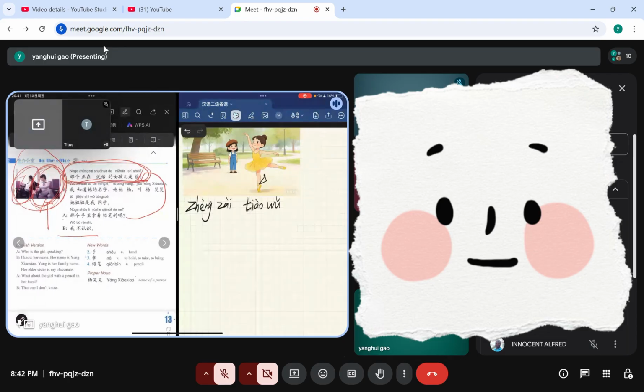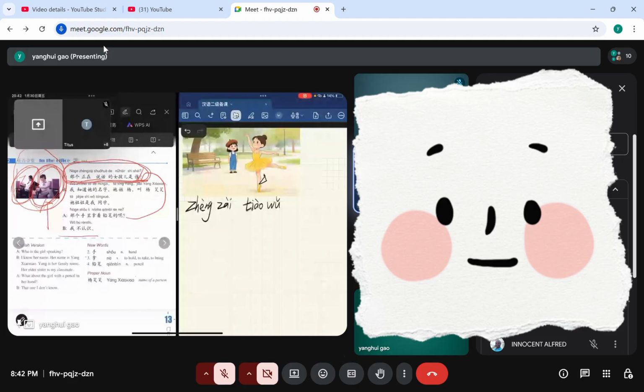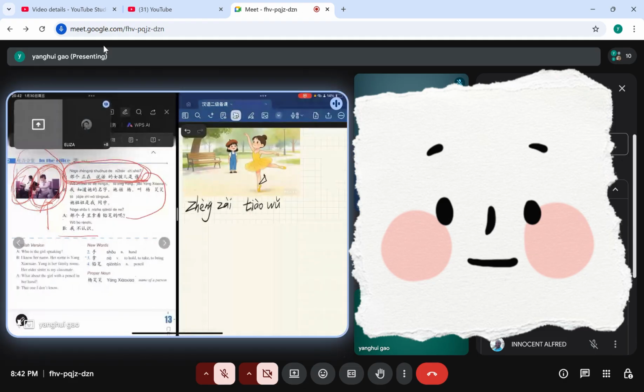So can you make a sentence in this form to ask who is that girl? 那个在跳舞的是谁? Good, very good.